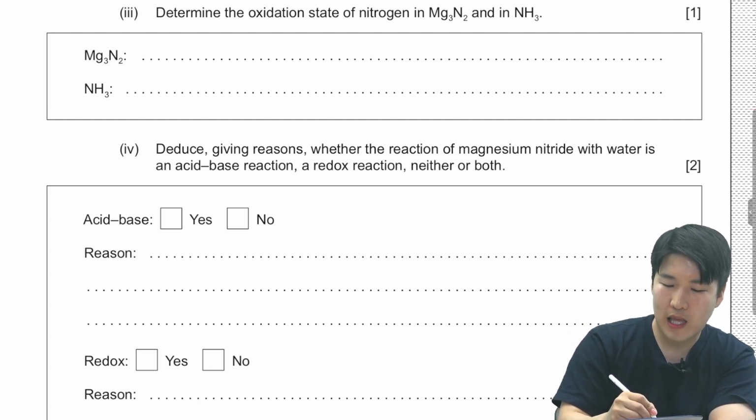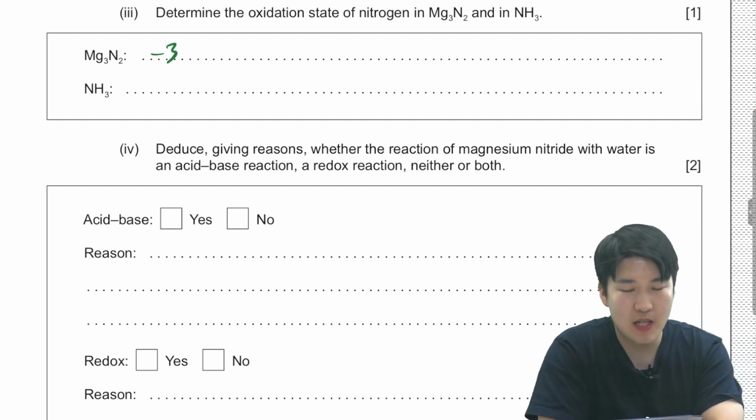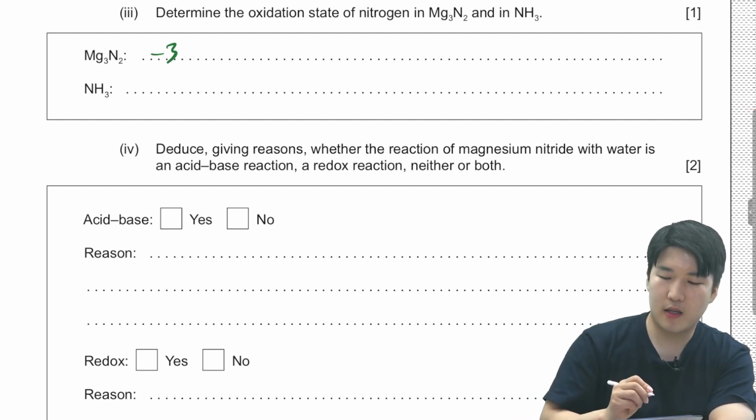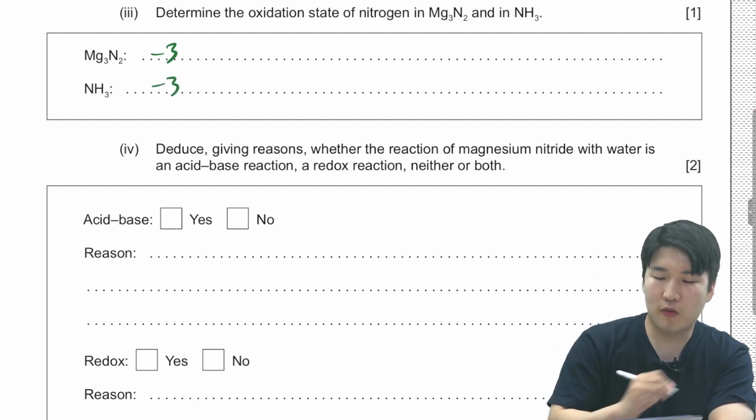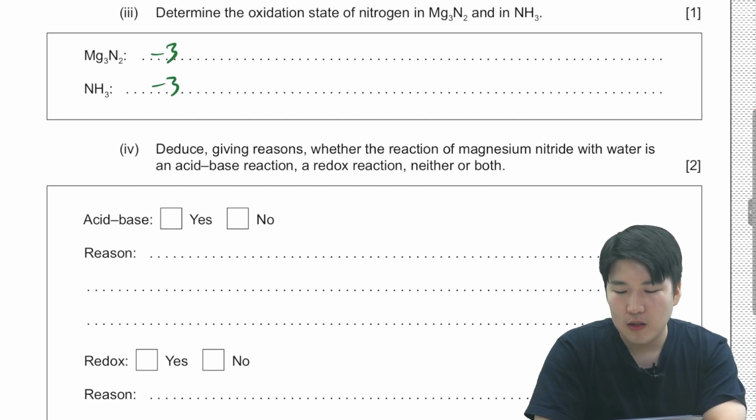Therefore, it will have the negative oxidation state of -3. In ammonia, it would also be -3 because each hydrogen will be +1.